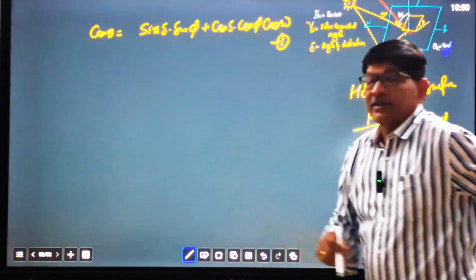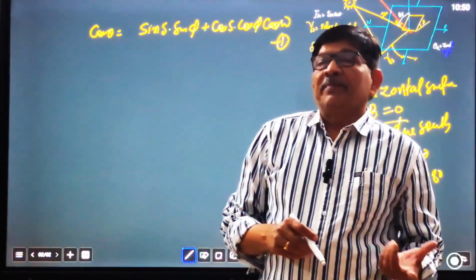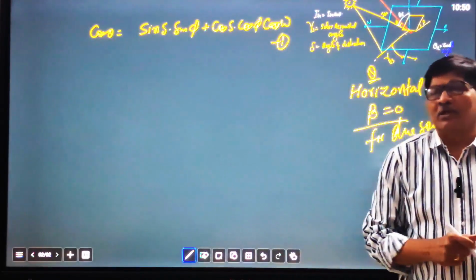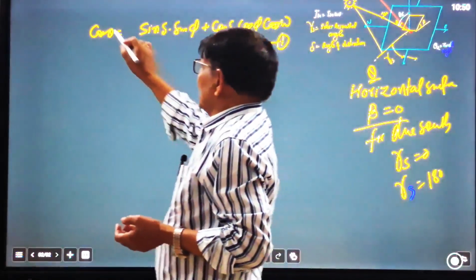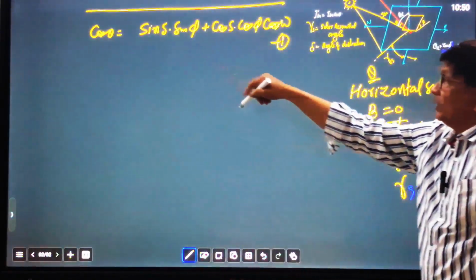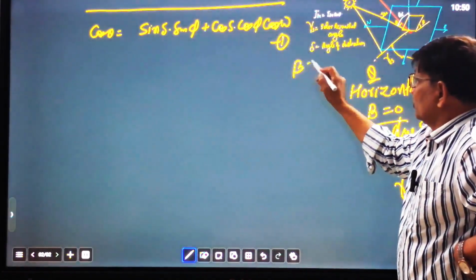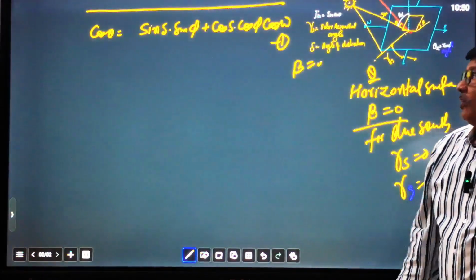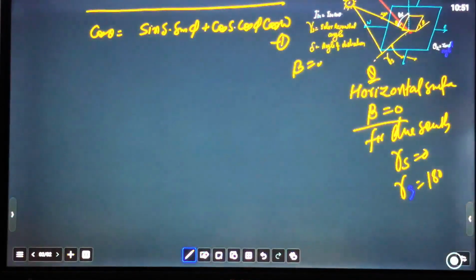The general equation is very complex, and no one can remember it; I don't know it at present. So that equation can be reduced to this form when beta equals 0. That equation is important for our consideration, and we also have to find omega.